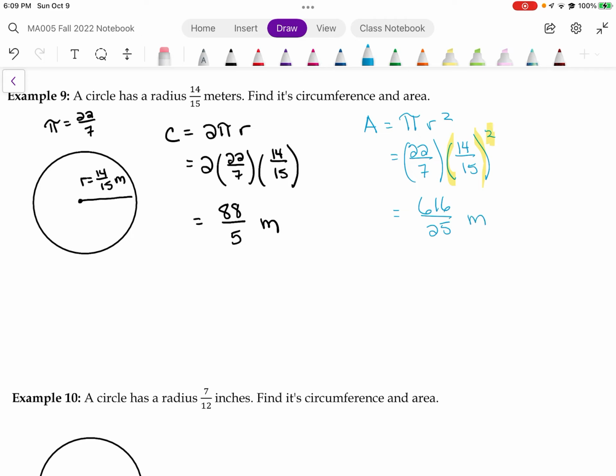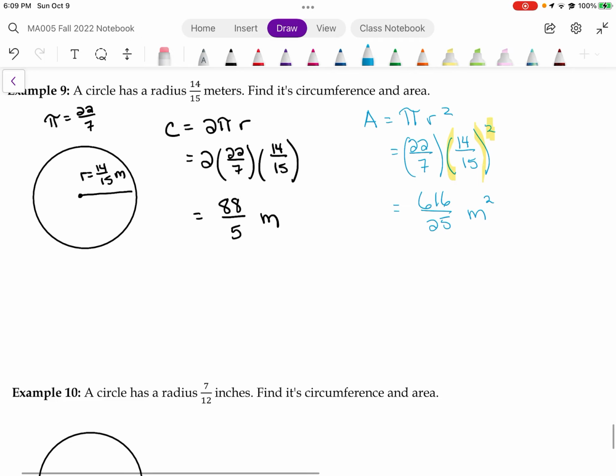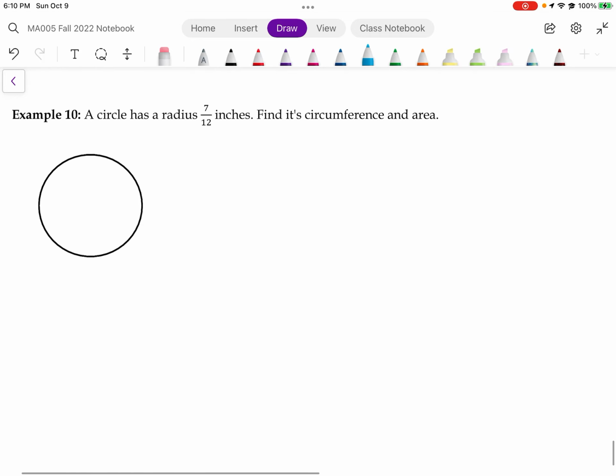If this was supposed to be a mixed number, which would probably make more sense, you could just use the conversion button on your calculator, to convert between the mixed number and the N over D. It's a toggle switch, and it just switches back and forth. Oh, and that one is meters squared. Don't forget to do that, because it's area. All right, you try this one.